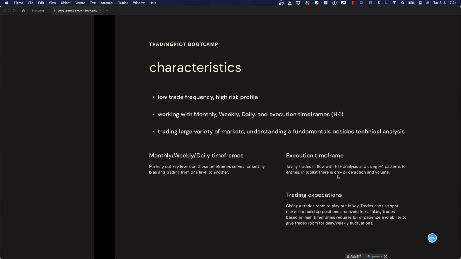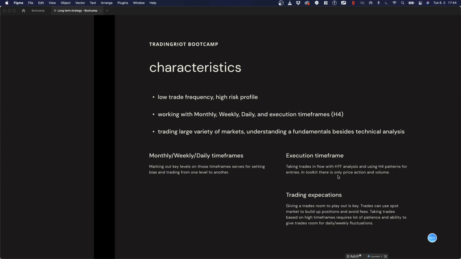Only the composite profile used on other time frames is worth using, but besides that, you are just looking at the price action, the volumes, and watching the fundamentals of the markets, and whether that is in line with your trading ideas. Giving trades room to play out is key.